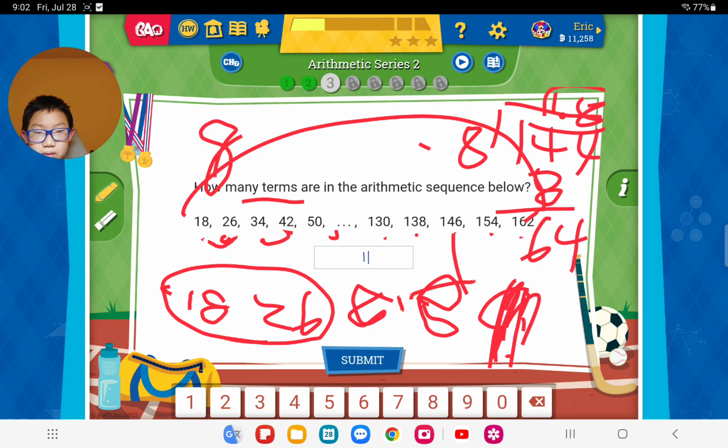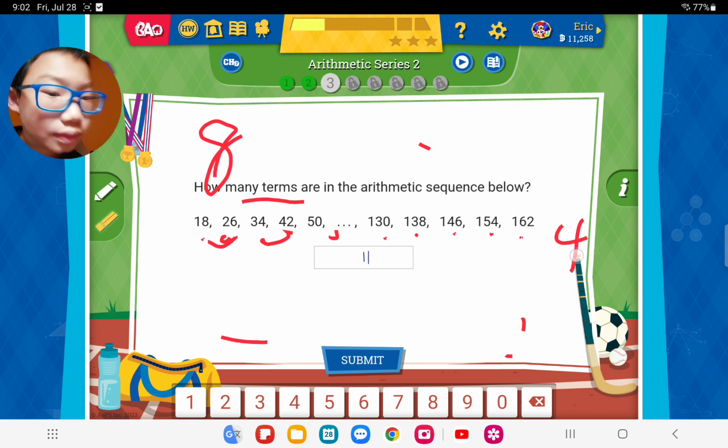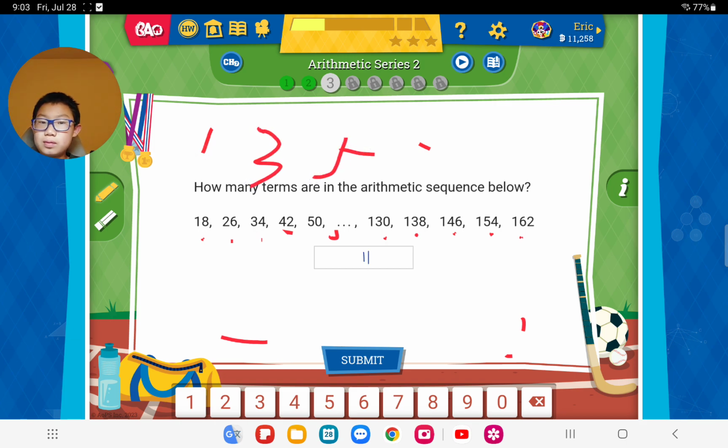So you need to understand, for example, this means the first number, second, and all numbers, and the last number. So for any sequence, for example, 1, 3, 5, 7, 9, how many?